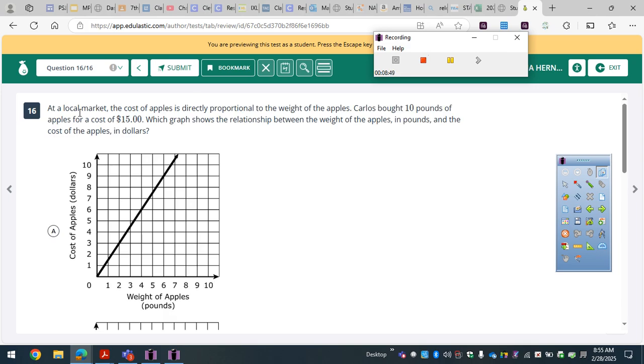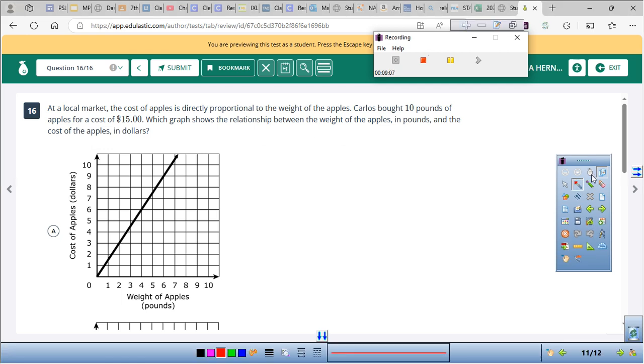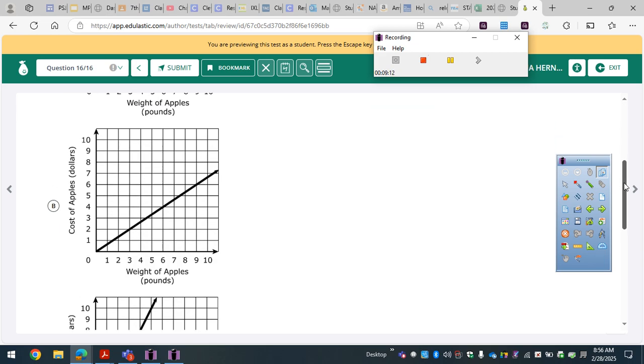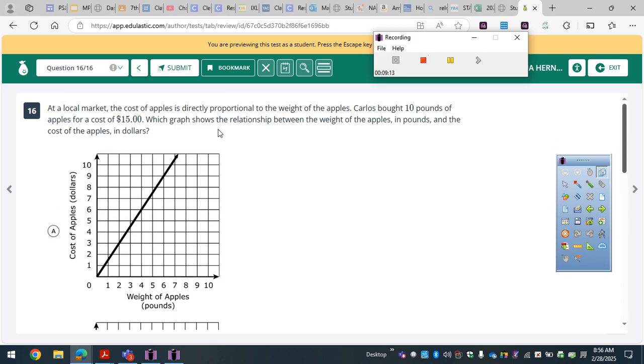Okay, so local market, the cost of apples is directly proportional to the weight of the apples. Carlos bought 10 pounds of apples for a cost of $15. Which group shows the relationship between the weight of the apples in pounds and the cost of the apples in dollars? On that one, I really like one of my students' thinking. He says 15 is not even on here, so just simplify them.